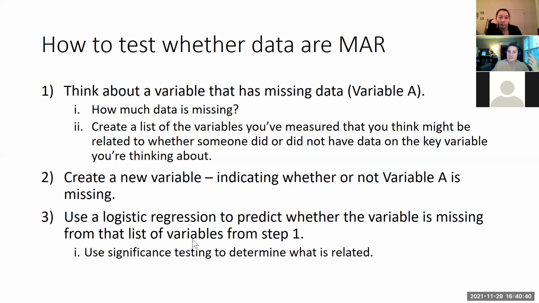And if it's statistically significant, my groups are statistically significantly different from 0 here, then that is going to tell me that this is related. Now I know my data are not missing completely at random because I am predicting whether things are missing. So you're using the same method that you've already learned, logistic regression, to test this additional way of looking at your data.